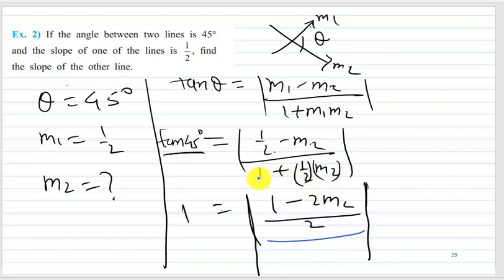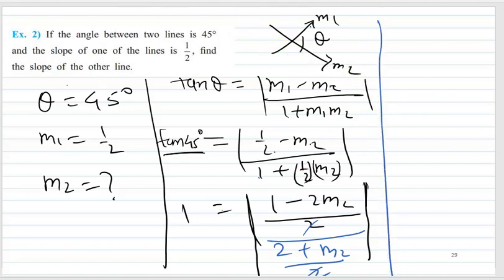So cross multiply, 2 into 1, 2 plus m2 upon 2. Here this 2 will get cancelled. So you got 1 equals modulus of 1 minus 2m2 upon 2 plus m2.